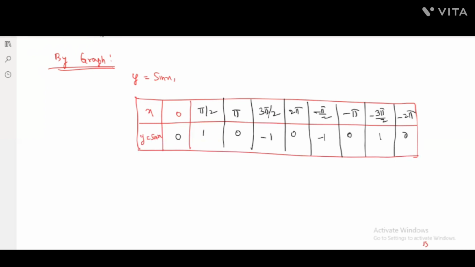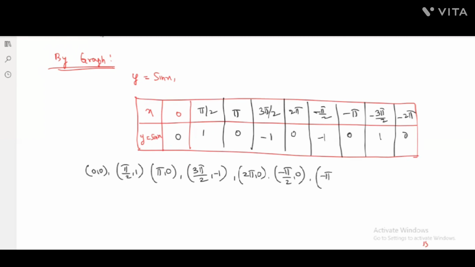So the ordered pairs we got are (0, 0), (pi by 2, 1), (pi, 0), (3 pi by 2, minus 1), (2 pi, 0), (minus pi by 2, minus 1), (minus pi, 0), (minus 3 pi by 2, 1), and (minus 2 pi, 0).